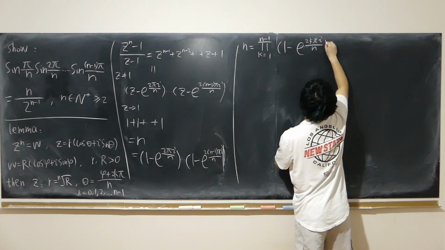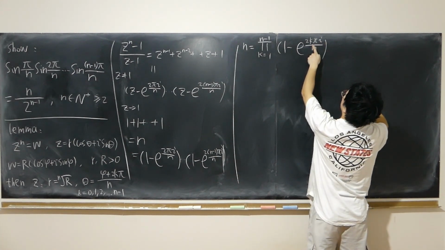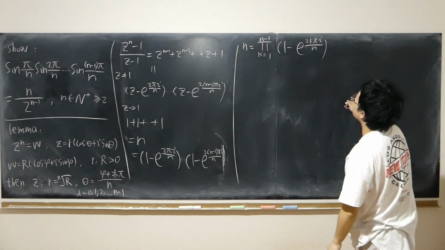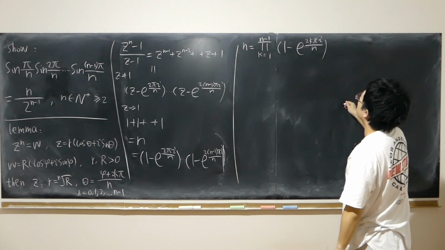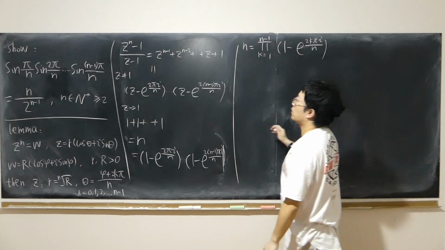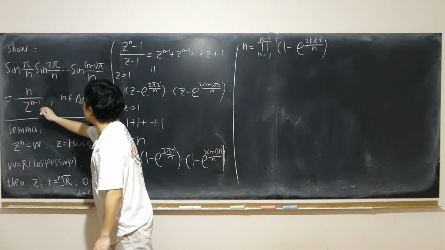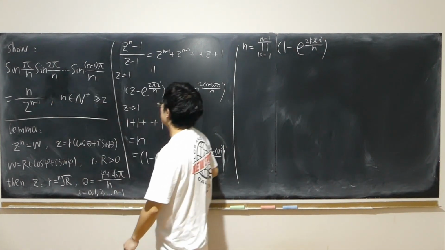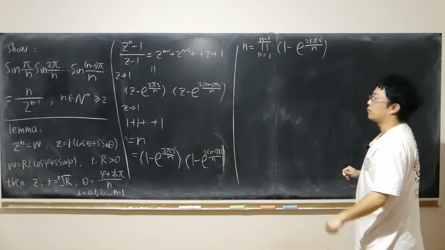This is what I have, where k goes 1, 2, 3, 4 and so on. So this time I'm getting very close to this formula. I have n; the rest is to find 2 to the n minus 1.